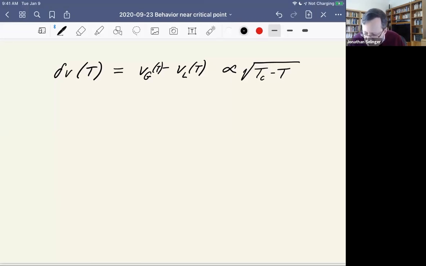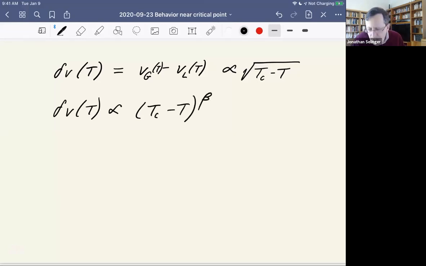Or we can write this with the same sort of notation that we used for the Ising model. We could say that the difference of volumes is proportional to (Tc minus T) to the beta power, where beta is 1/2.